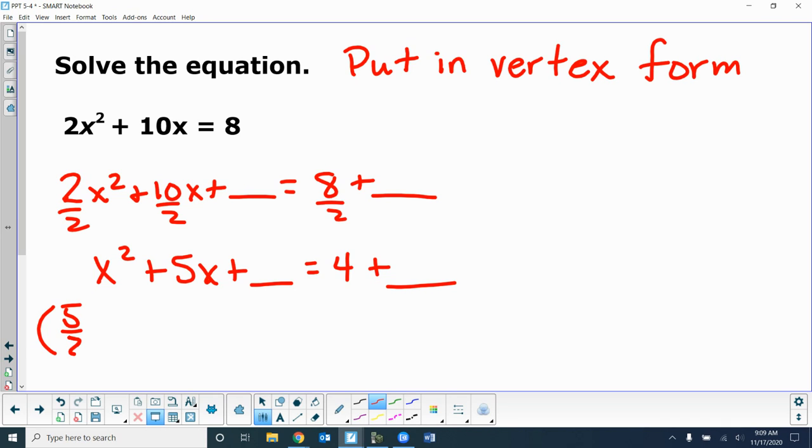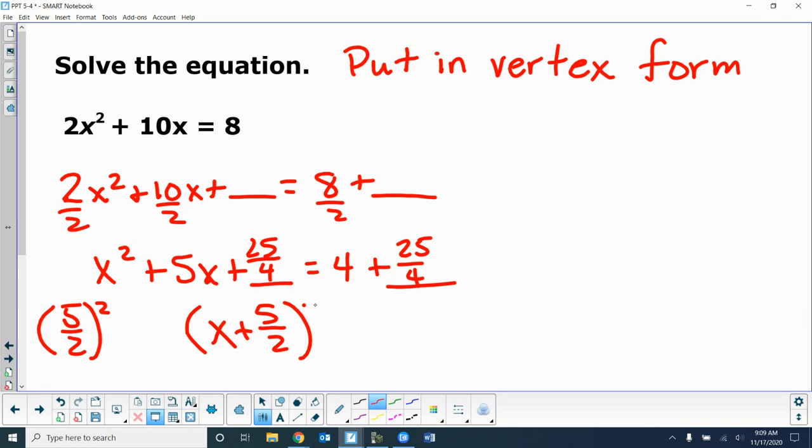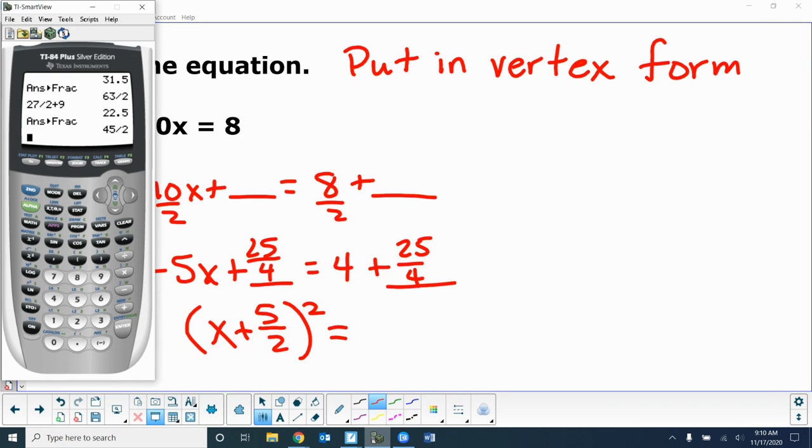Aha, so we do it like this, right? So 5 squared and 2 squared. Okay? So then when we factor it, square root of x squared, that's 5 halves squared, and then I add those, 4 plus 25 fourths, hit math, enter twice. So that's 41 fourths.